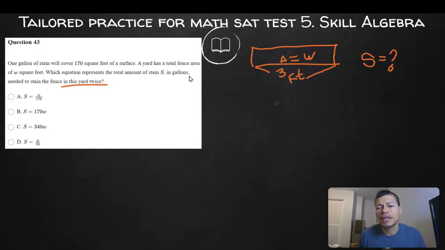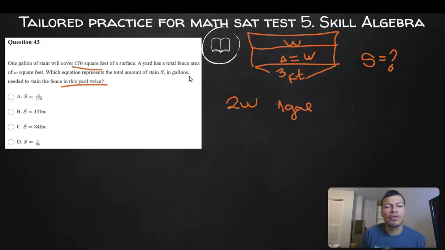So if one fence has the area of W, then if I need to stain it twice, I'm going to have the same area 2 times, and this is going to be 2W. So I need to paint an area of 2W, right? And I know that 1 gallon of stain can paint 170 square feet, because the problem says so.